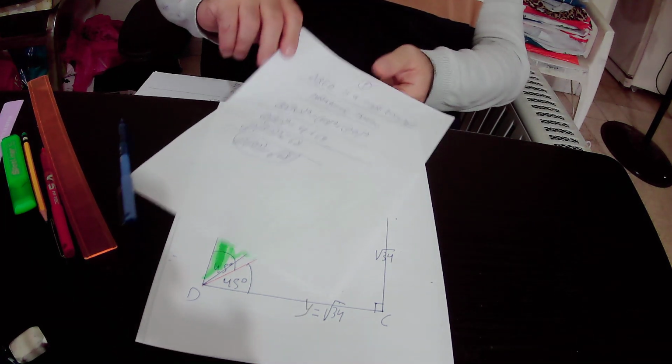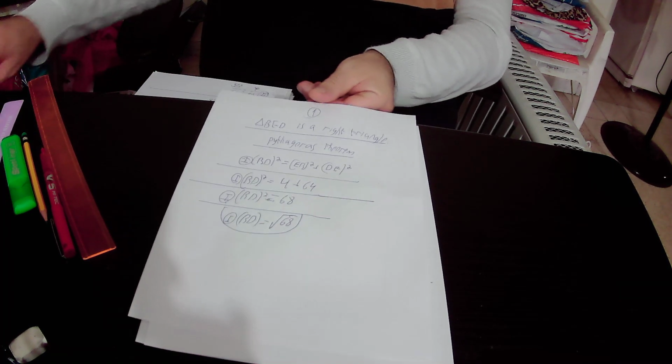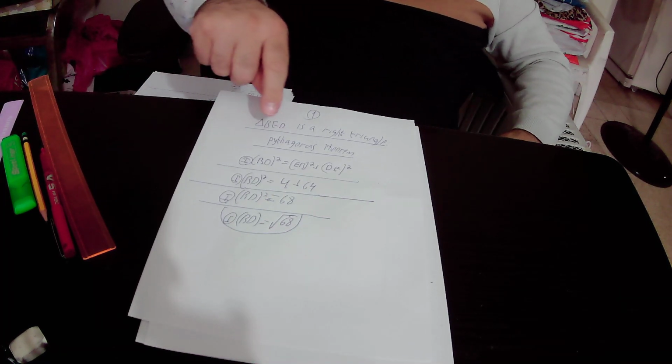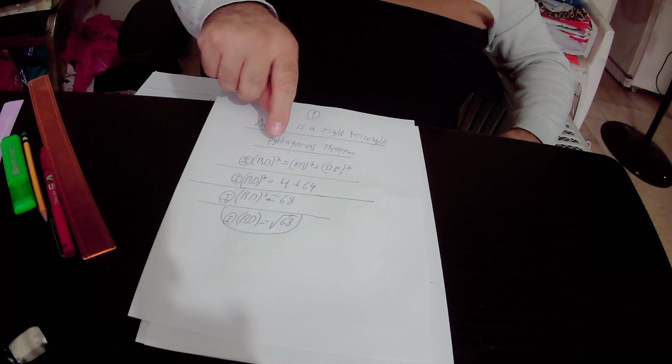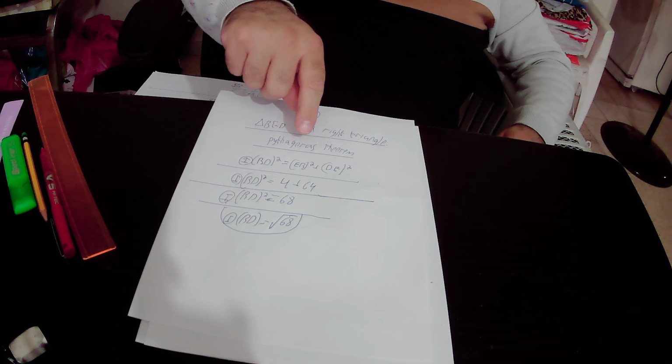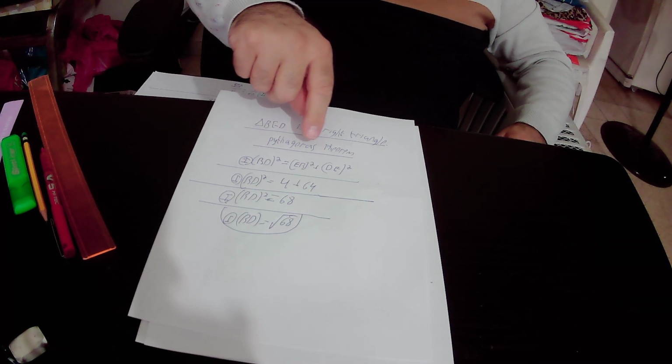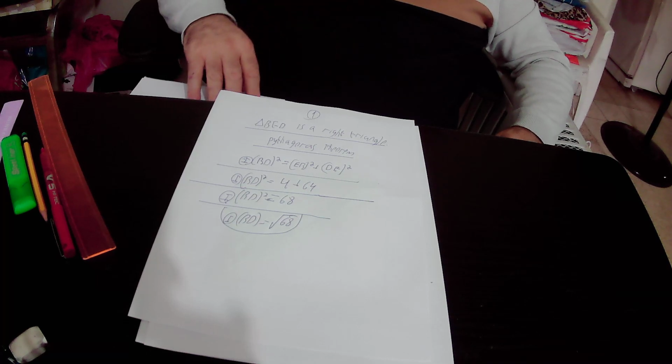So in the right triangle BED, BD square equals EB square plus DE square.